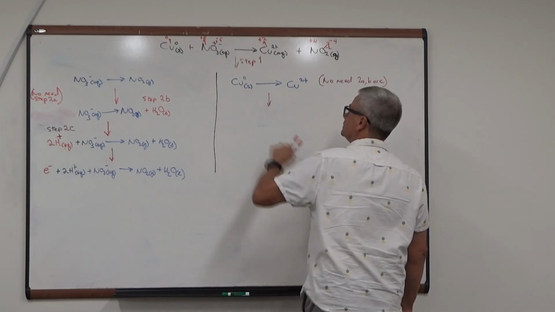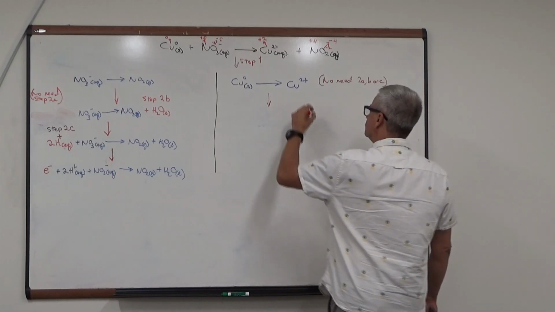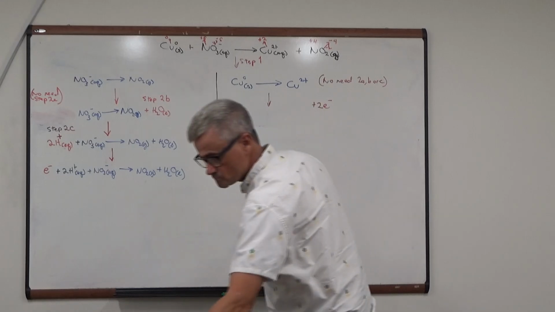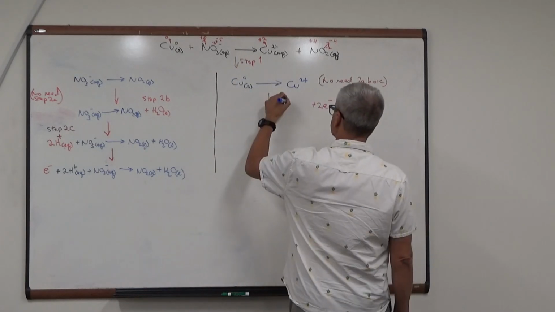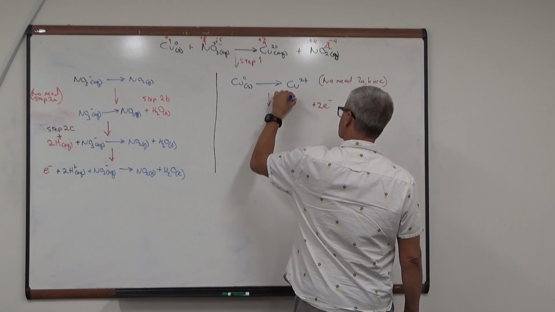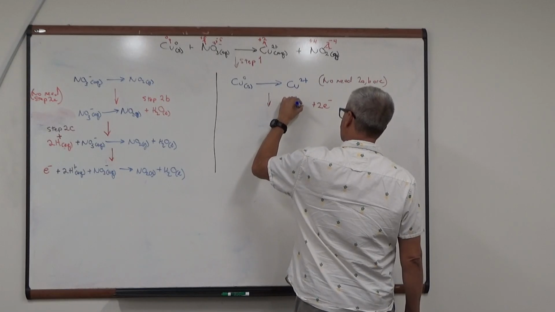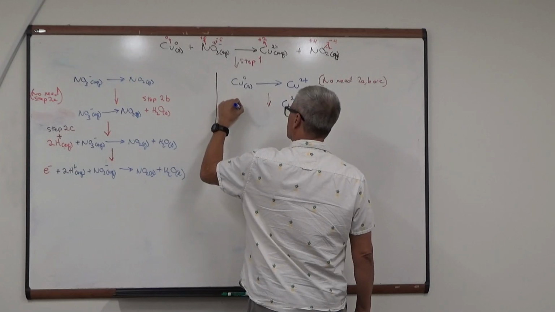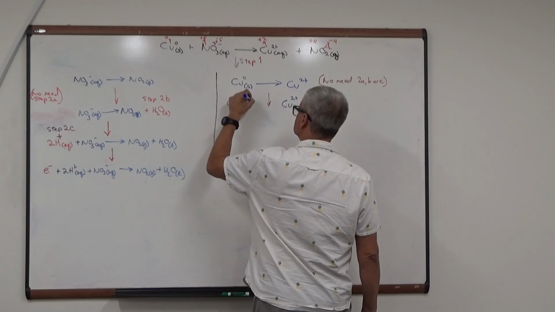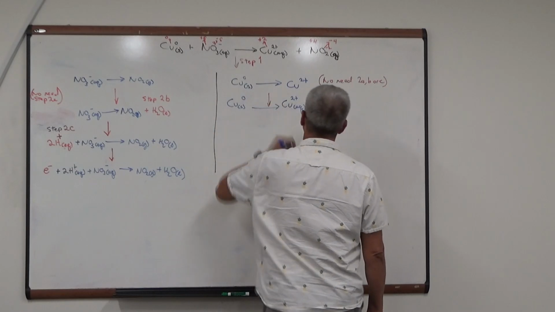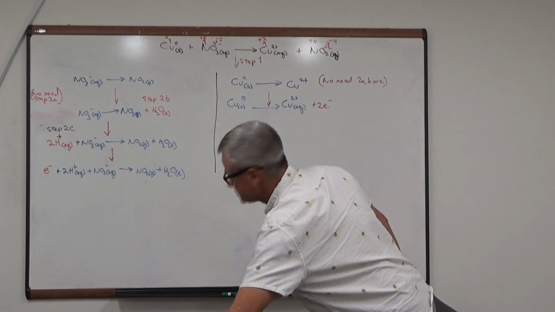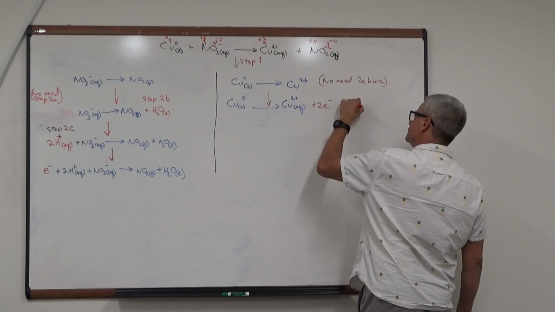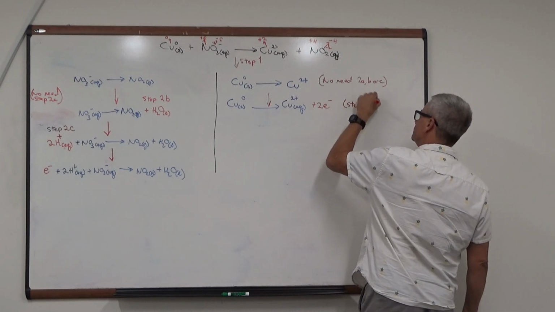We've got 2+ here, neutral over there, so we'll add 2 electrons here: copper 2+ plus 2 electrons, copper solid. And again, just to remind you, that's step 2D.